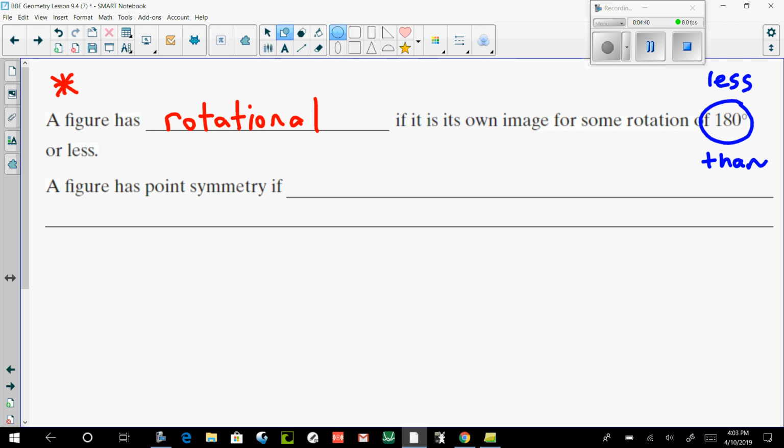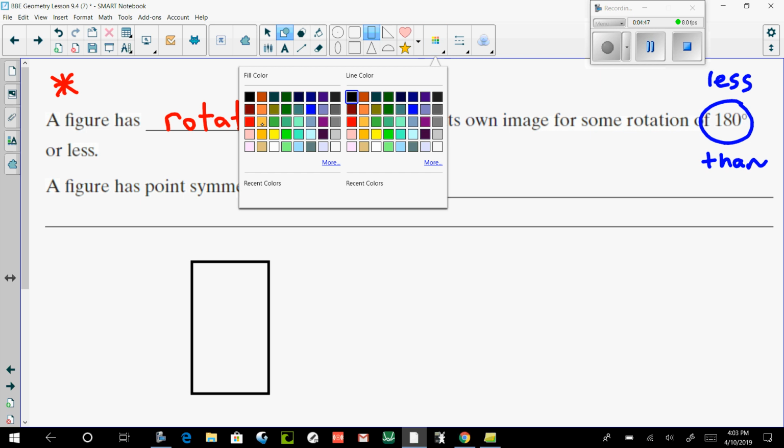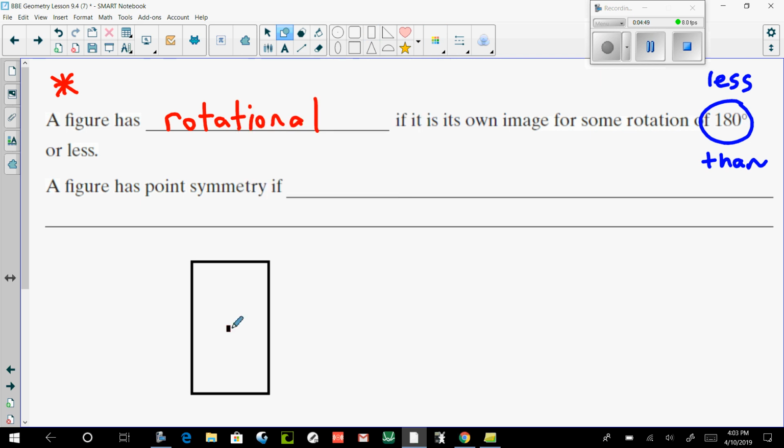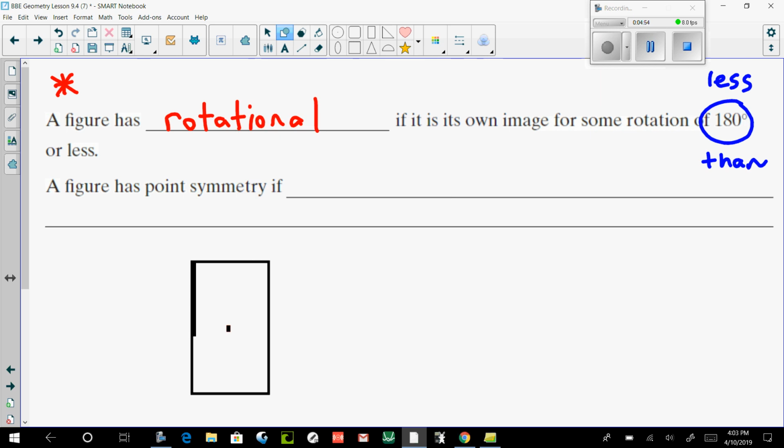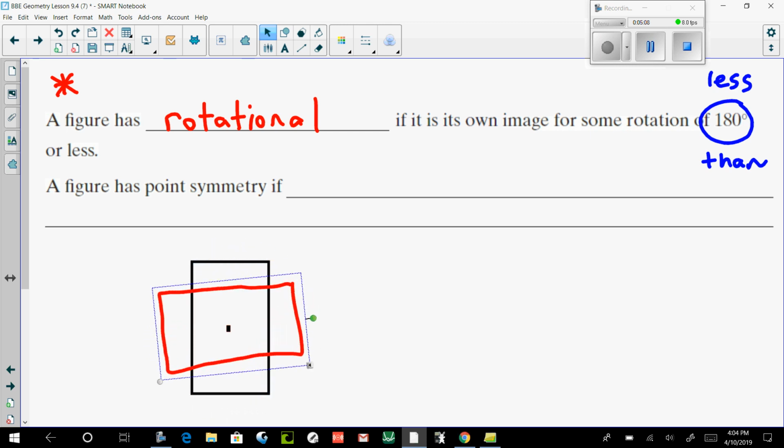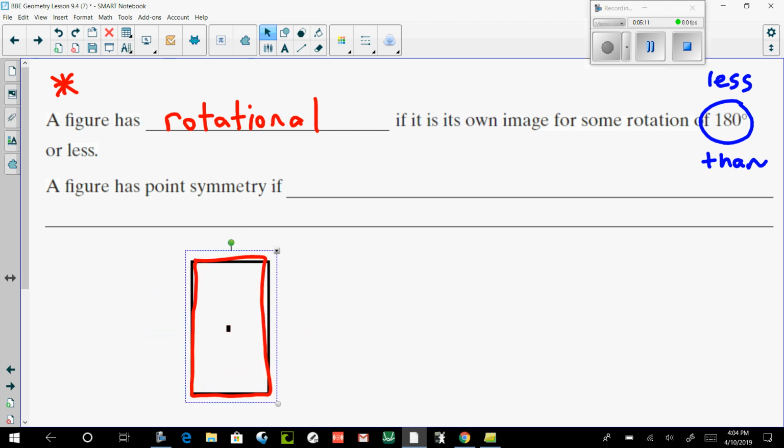I'm going to use a rectangle, for example, just because it's easy for me to rotate. If I take this rectangle and draw a point directly in the middle of it, and I trace over this rectangle, I can demonstrate rotational symmetry. If I rotate this shape, this right here would be 90 degrees. Technically, positive rotation is this way.